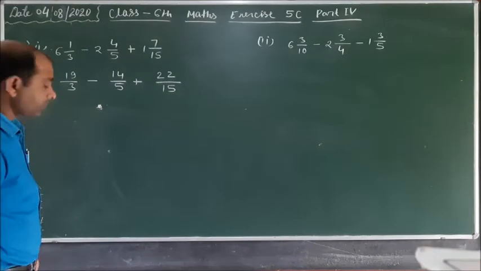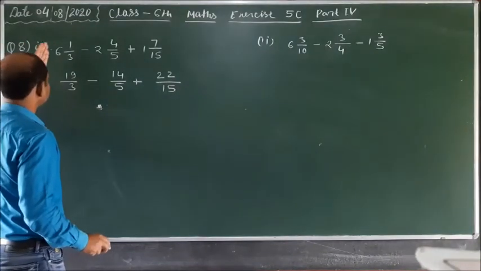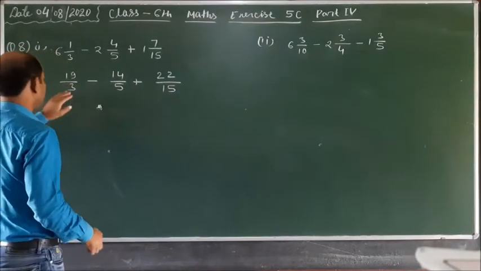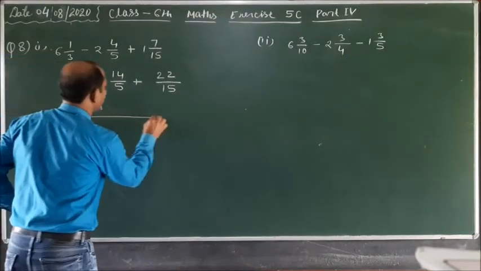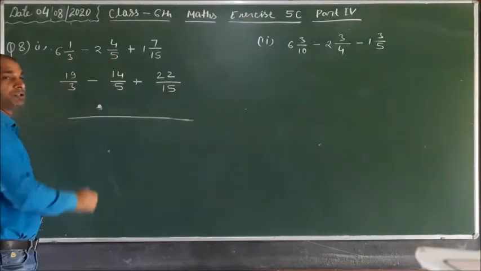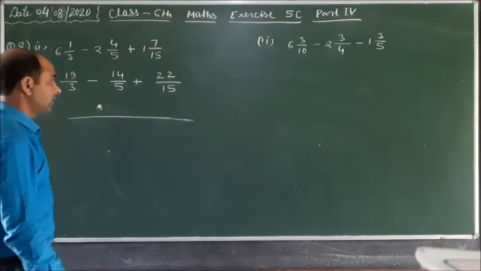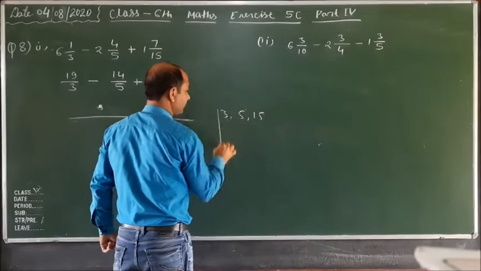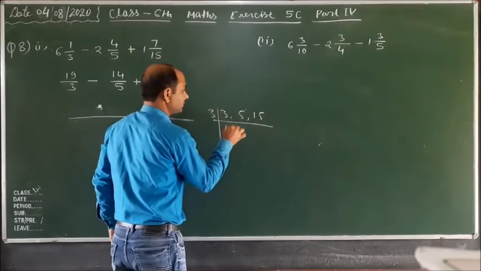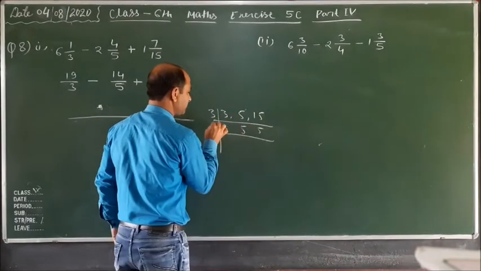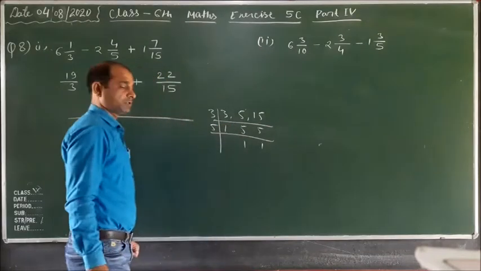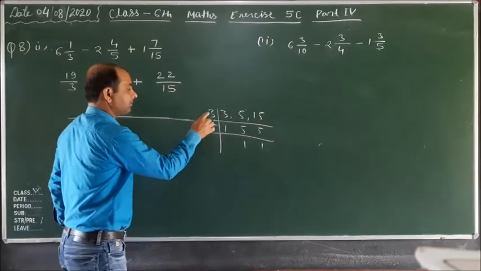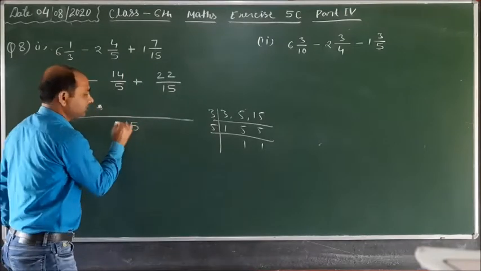Now after we change into improper fractions, then we take the LCM of all these denominators. Now the LCM of these denominators: 3 1s are 3, 5 3s are 15, 5 1s are 5. So 3 multiplied by 5 equals 15.